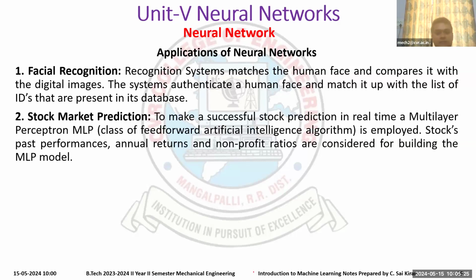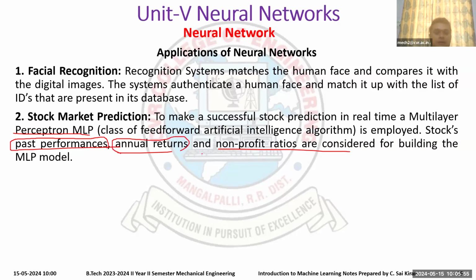Next, stock market prediction. It uses a multi-layer perceptron, MLP. This uses feed-forward artificial intelligence so that we can check the past performance, annual returns and non-profit ratios for the MLP model. Past performance means whether the stock has increased or not in the past three to five years. Annual returns means how much profit they have got based on their investment.